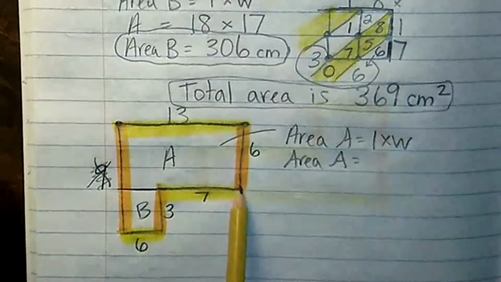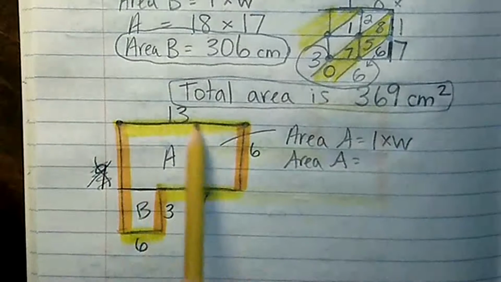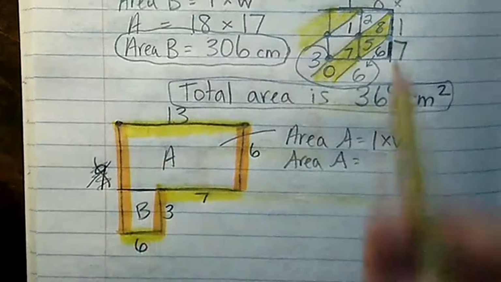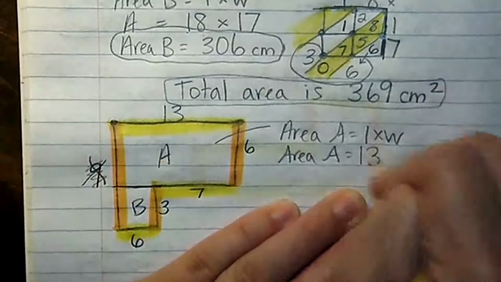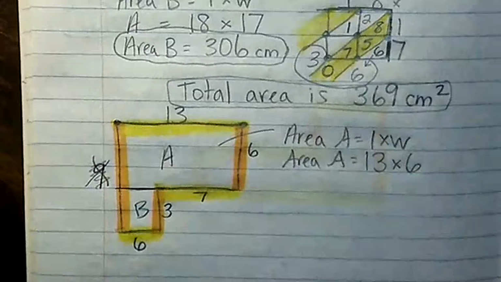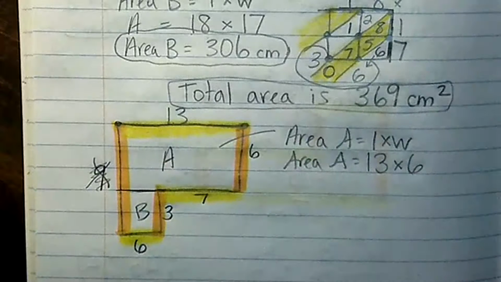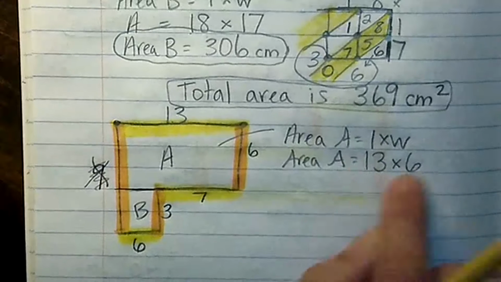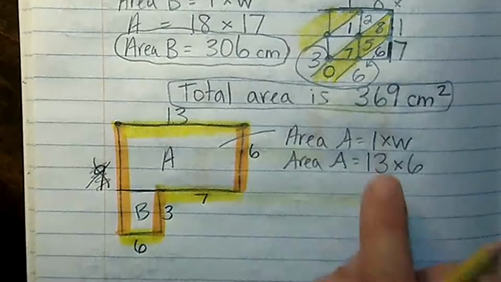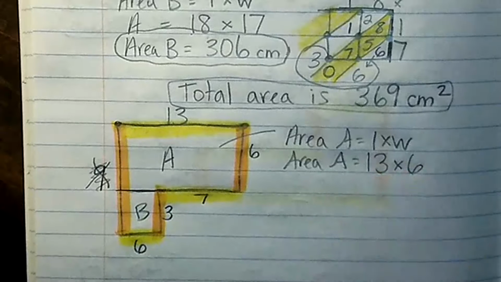Which makes the whole box? The 13. I need to do 13 times 6. I know what 10 times 6 is. 10 times 6 is 60. 3 times 6 is 18. I know what I think my answer is.